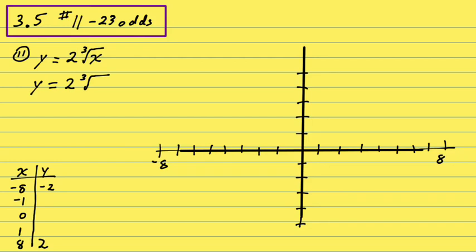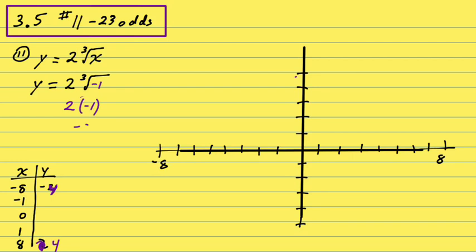So if I put in an 8, I get 2 times the third root of 8, which is 2 times 2. So really this y value is 4. And this would be a negative 4. Now how about if you put in a negative 1? The third root of negative 1 is negative 1.